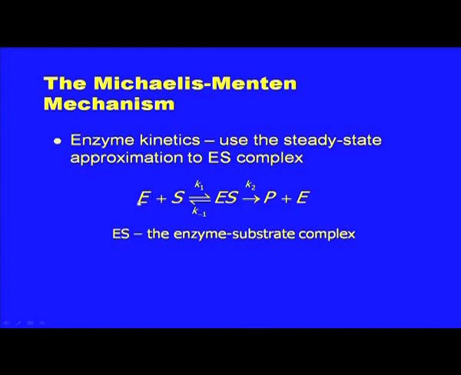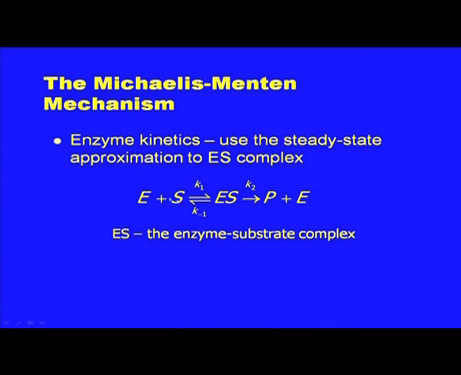So you see enzyme plus substrate giving rise to the enzyme substrate complex. There is an equilibrium between ES and enzyme plus substrate, with k1 for the forward and k minus 1 for the back reaction. So the forward rate constant is k1 for the formation of ES, the backward dissociation of ES is k minus 1, and k2 is the product formation step.